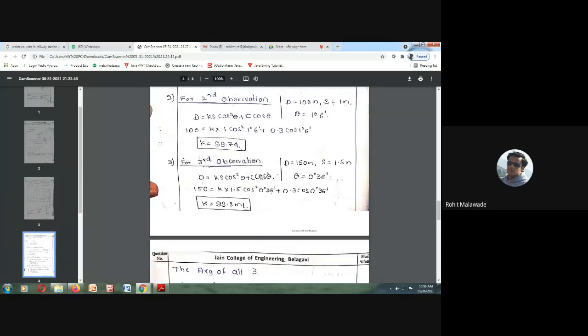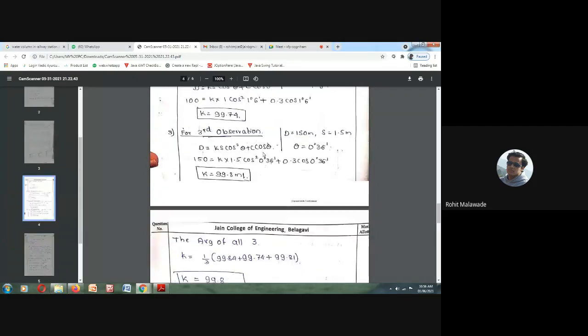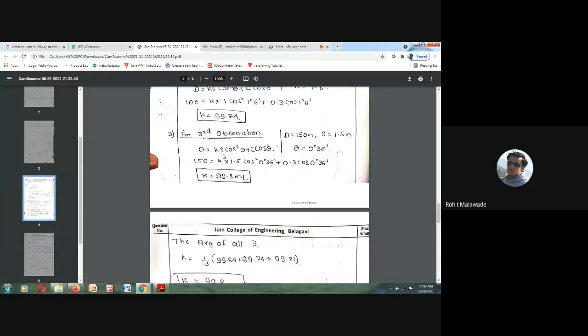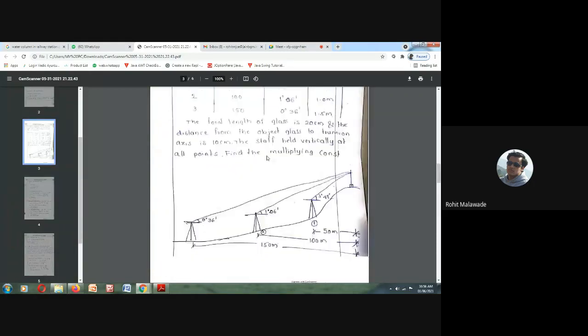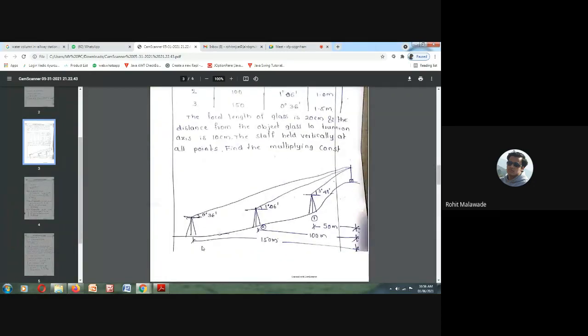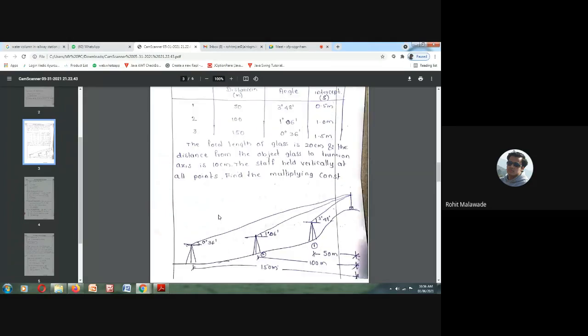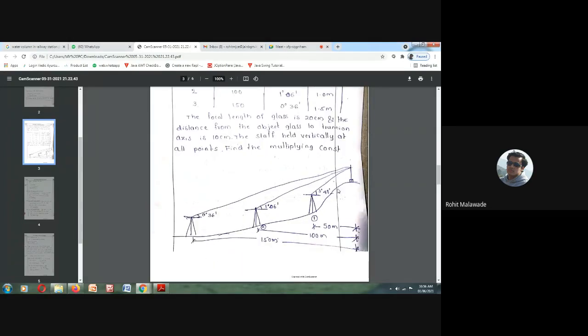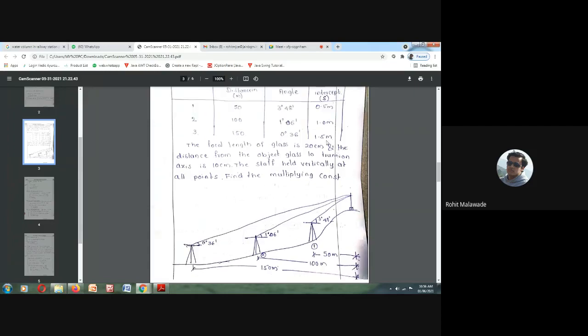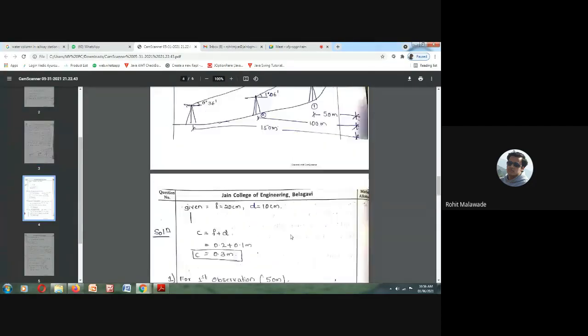Now the third observation. Here we need to look at this particular diagram. D is 100 meters, the angle is 0 degree 36 minutes, and the staff intercept reading we are going to get as 1.5 meter.